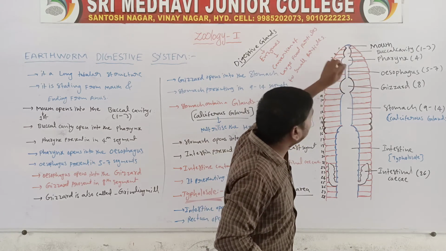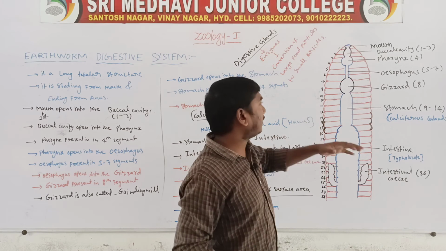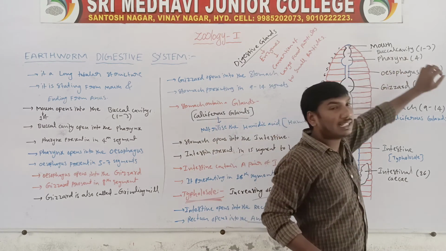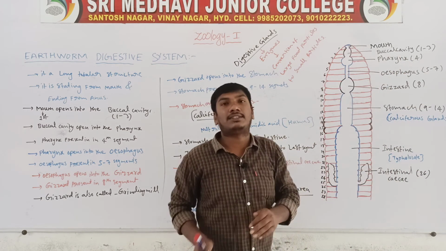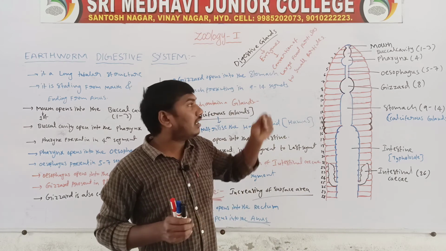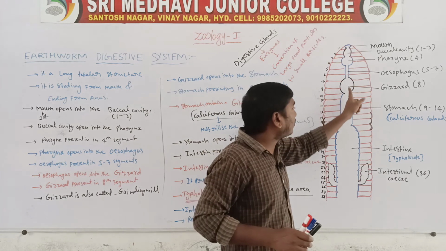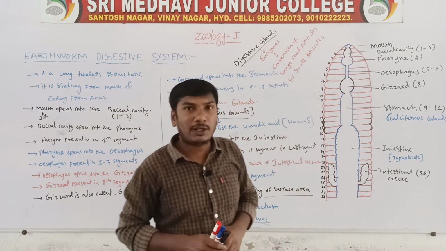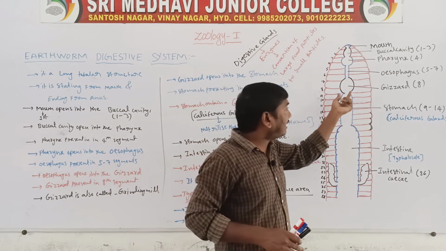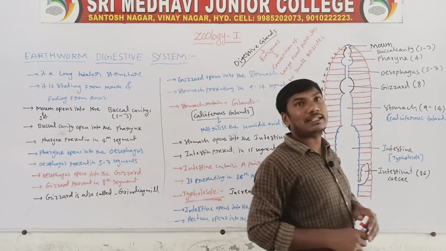The esophagus is present from the 5th segment to the 7th segment. The esophagus opens into the gizzard, which is present in the 8th segment.